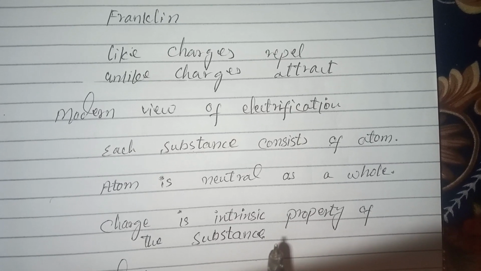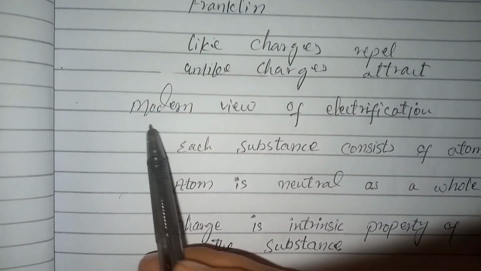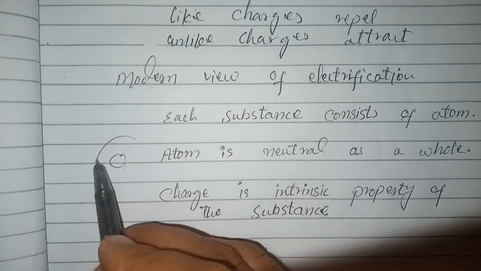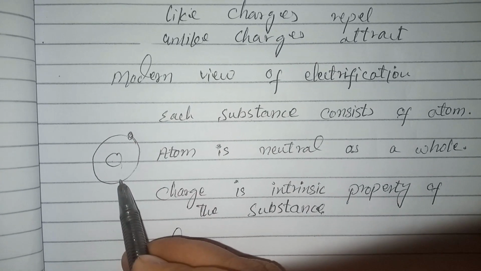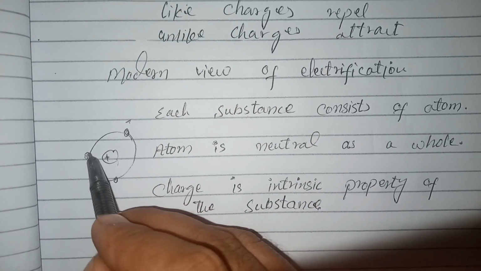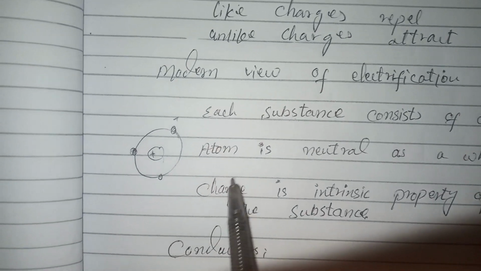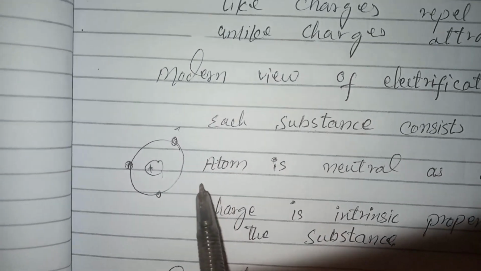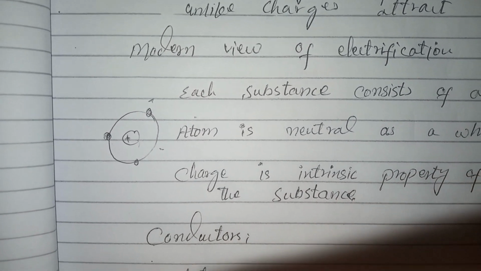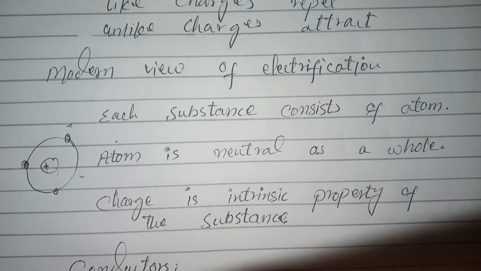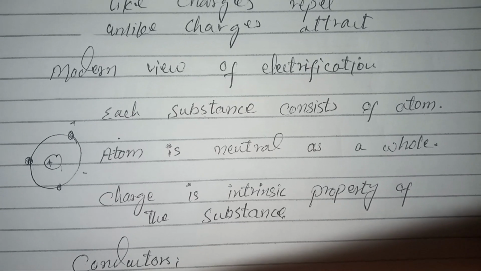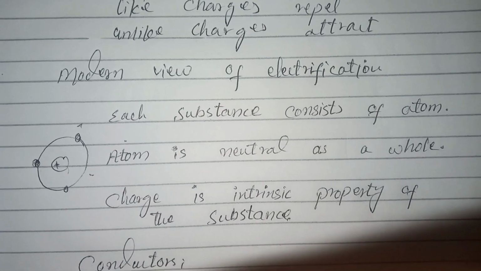The proton has a positive charge, and the electrons revolving around the nucleus have negative charge. The number of protons and electrons is equal, so we can say that the atom as a whole is neutral, because the total positive charge on the nucleus is equal to the total negative charge outside the nucleus.